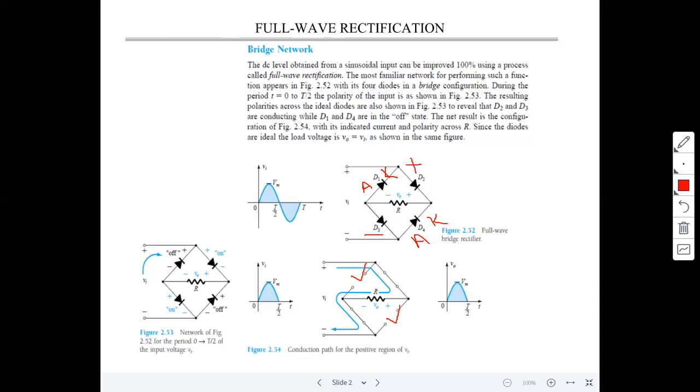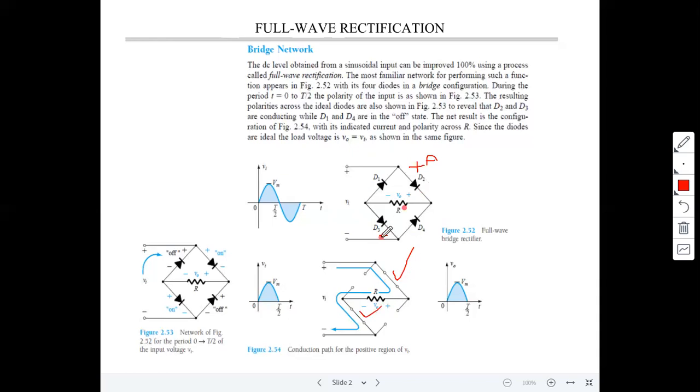Then coming to diode D2, the anode is connected to the positive terminal of the battery, and the cathode is connected to the negative terminal of the battery. Now diodes D2 and D3 are forward biased. Forward bias means short circuit, so this is replaced with a short circuit.